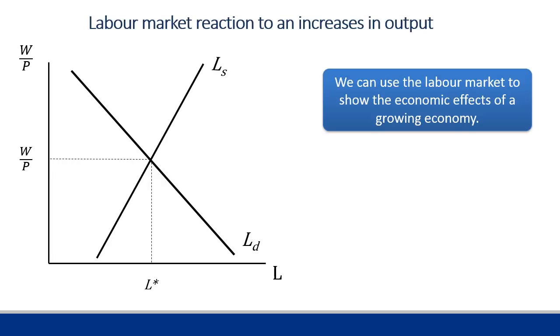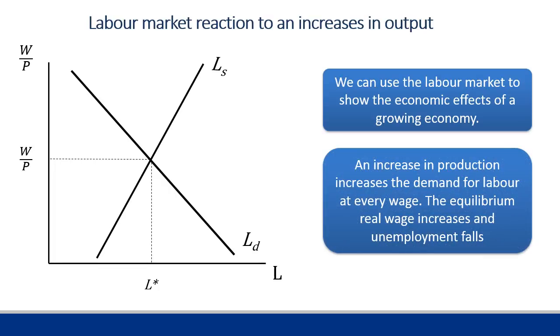Now we can use the labour market to show the economic effects of a growing economy. So imagine that the economy is growing, firms will demand more labour at every wage, so the labour demand schedule shifts to the right to reflect the higher level of demand at every wage rate due to the increase in economic activity.